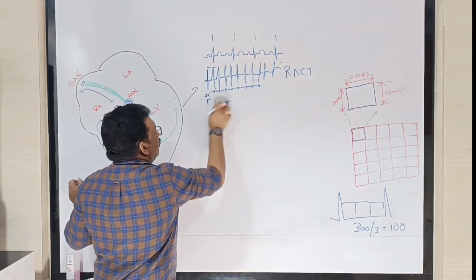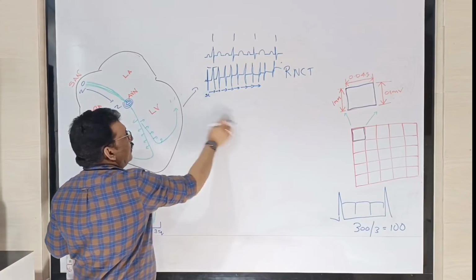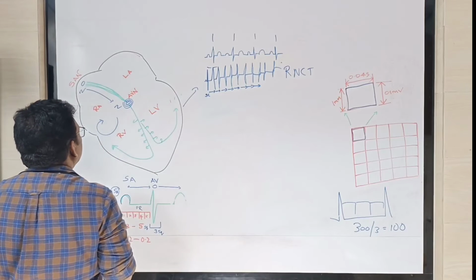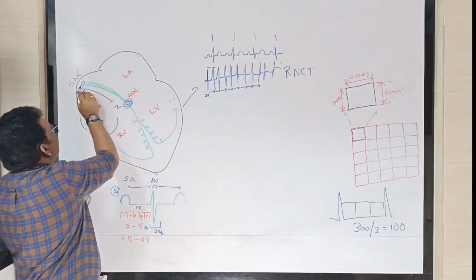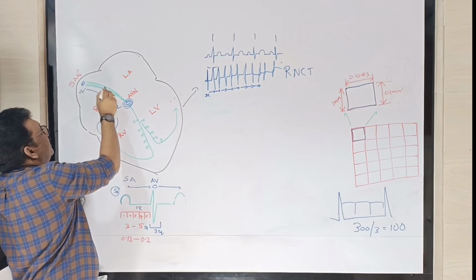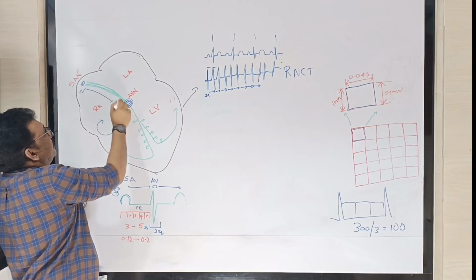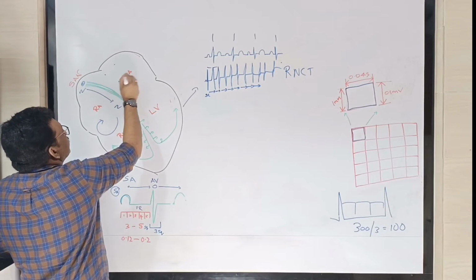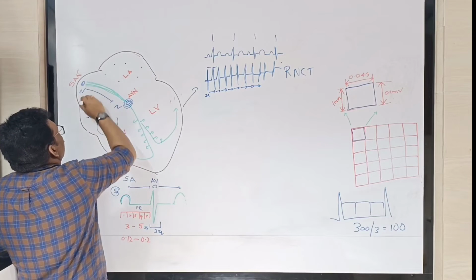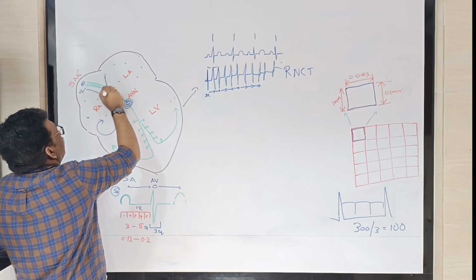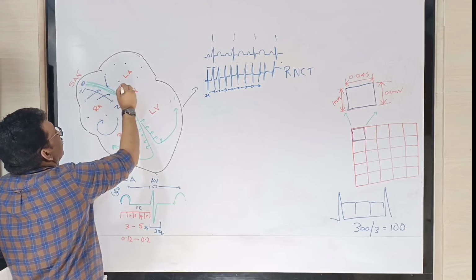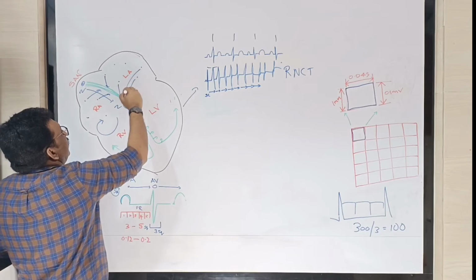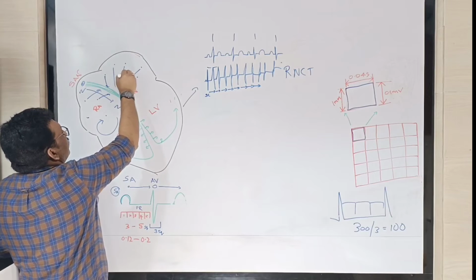Now we will see another important condition which comes as supraventricular tachyarrhythmia, that is atrial fibrillation. Here you know that the SA node only fires electrical activity to the ventricle. But in atrial fibrillation there are multiple foci which can fire electrical activity to the main conduction pathway, and that will be in an irregular manner.